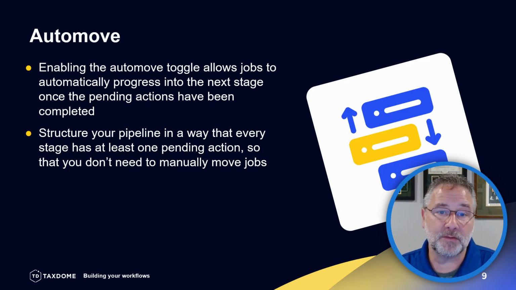For example, if you set up a task automation in stage 2 and you mark the task as completed, the job will automatically move into stage 3 and trigger the automations there. The same happens if the pending action was something that the client had to do. That includes things like submitting an organizer, signing a proposal, paying an invoice, and much more.